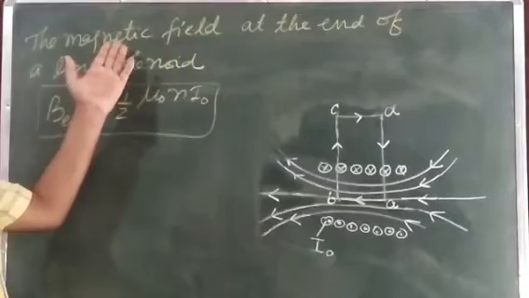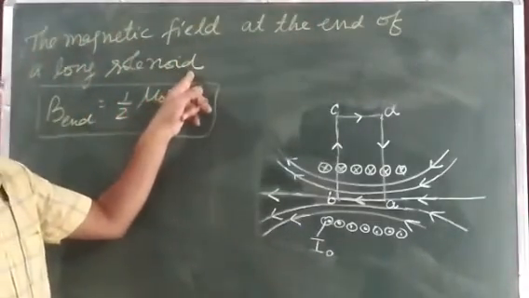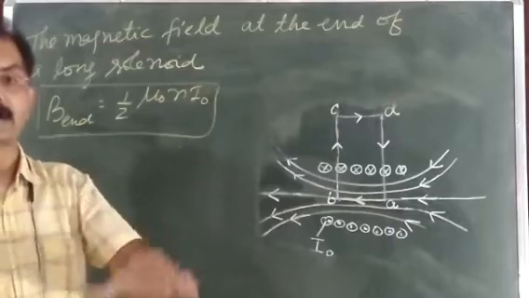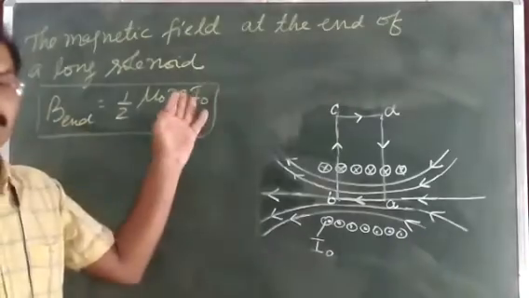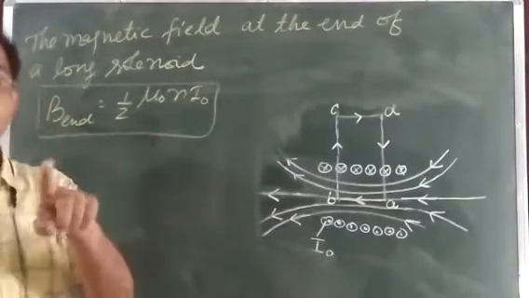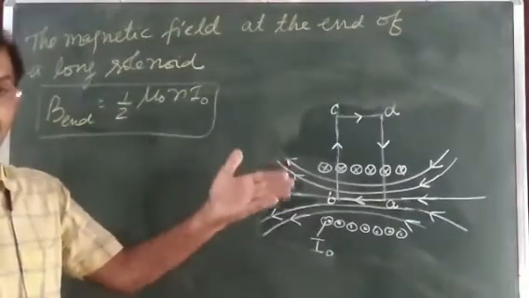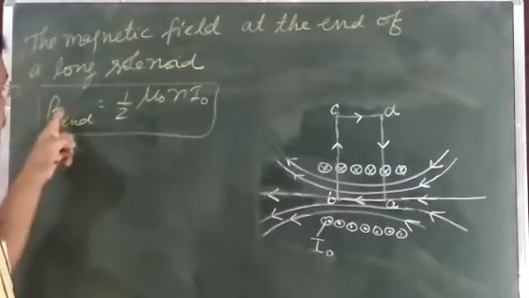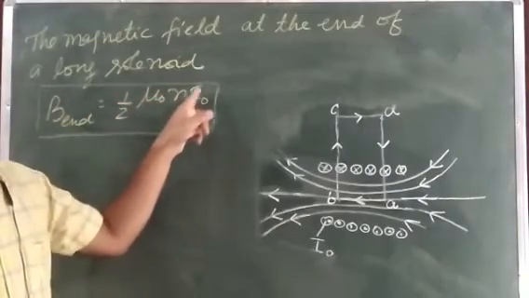And it is observed that the magnetic field at the end of the long solenoid is half of the magnetic field at its center. And we have already derived the magnetic field at the center. How much here? Mu naught n I naught. So what will be the magnetic field at the end of the solenoid? Half of the center. So you can say B at the end of the solenoid is equal to half mu naught n I naught.